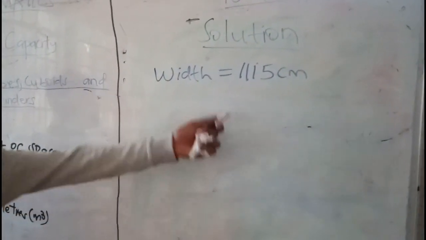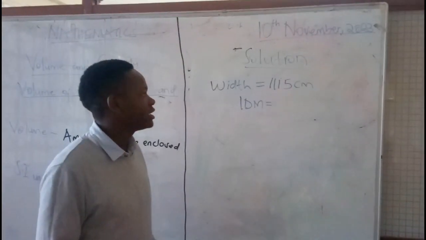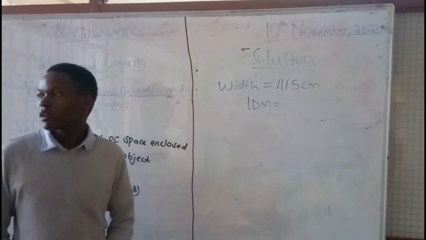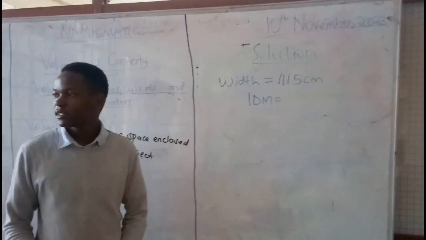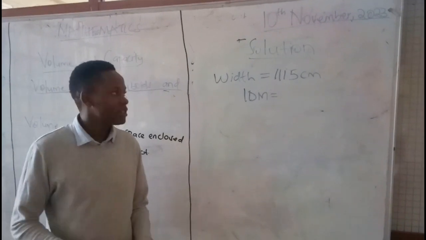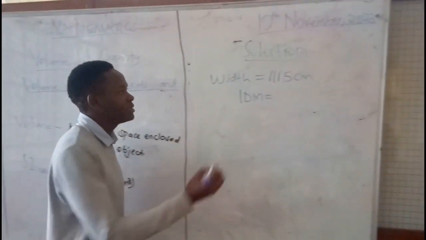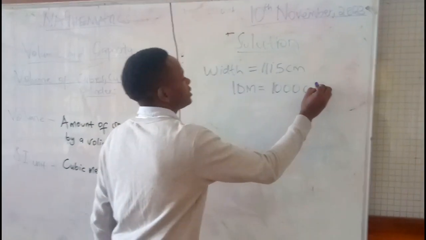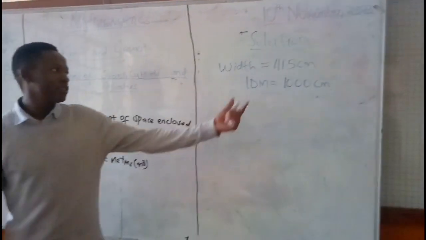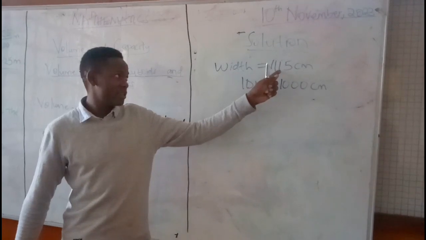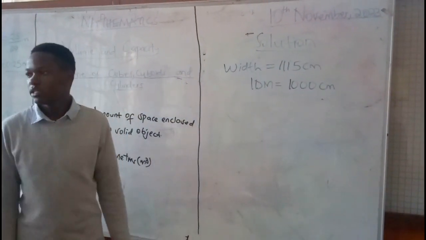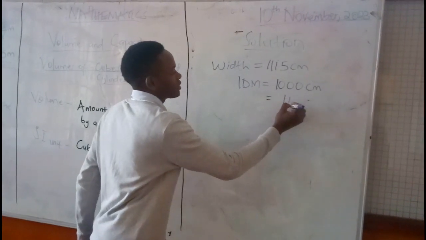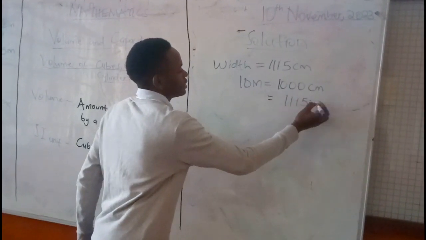How many centimeters make 1 decameter? Yes, 1 decameter is equal to 1,000 centimeters. So we want to convert this 1,115 centimeters into decameters.